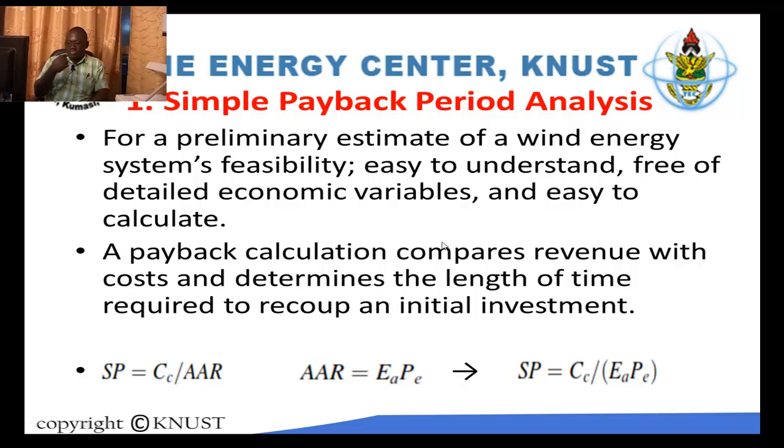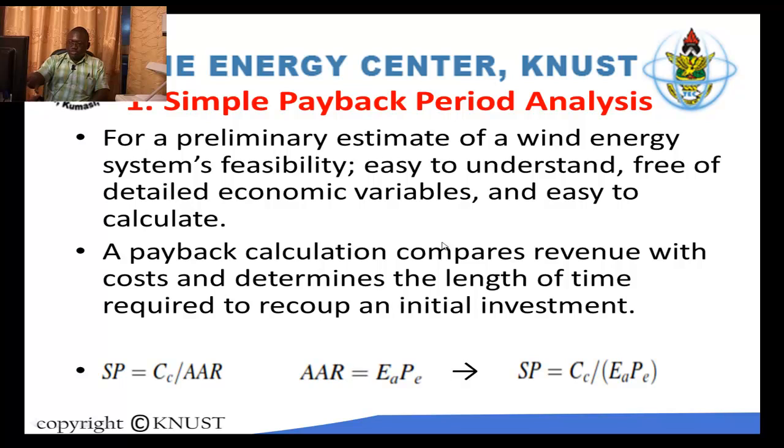So the simple payback is given by the formula there: the capital cost divided by the average annual returns, and the average annual return is expressed in terms of the annual energy produced times the price per unit energy.